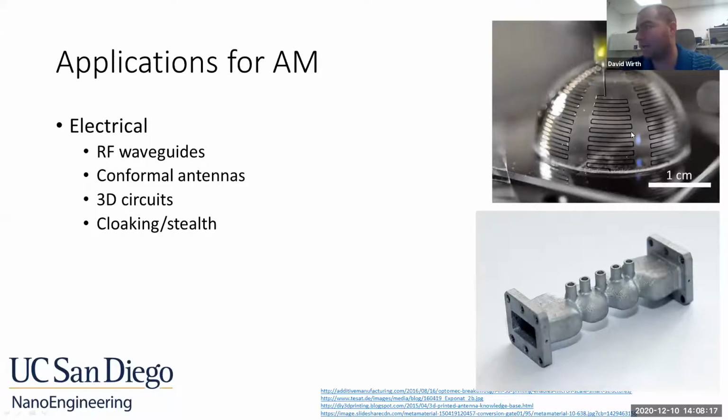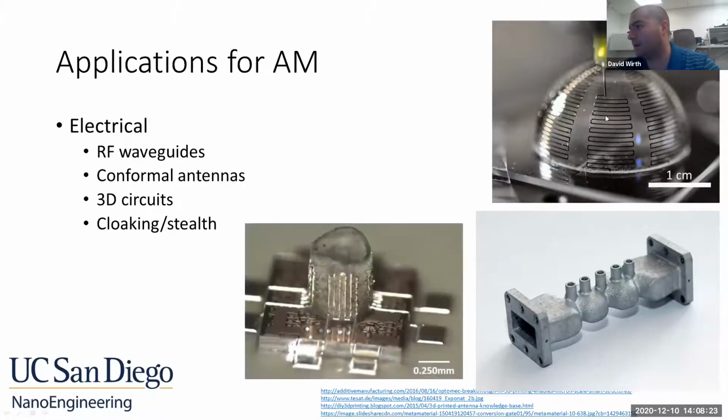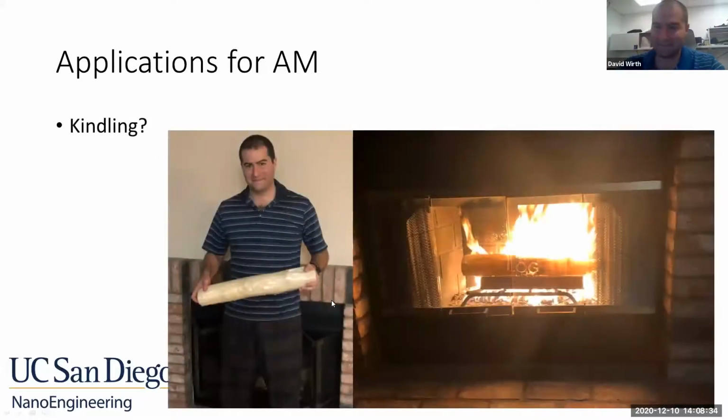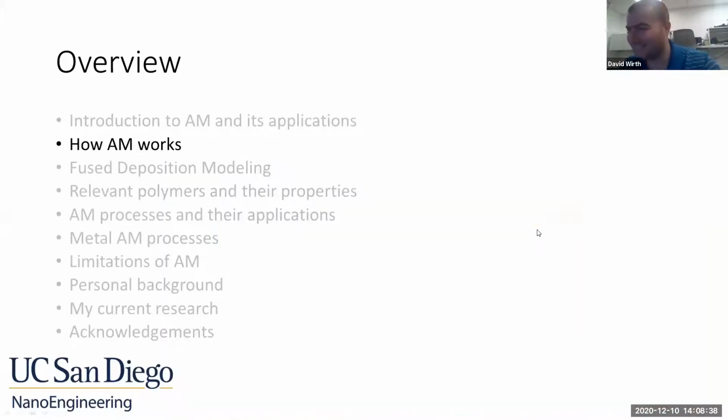Conformal antennas, again, very difficult. 6-axis 3D printing has paved the way in this area. And 3D circuits, that's another cool little application. Kindling. These things are pretty flammable, so that's another interesting thing I did.